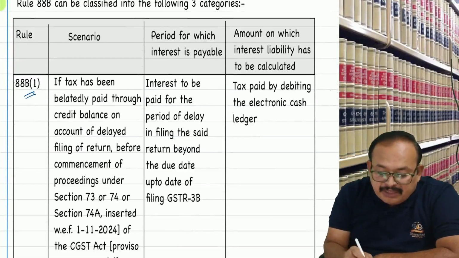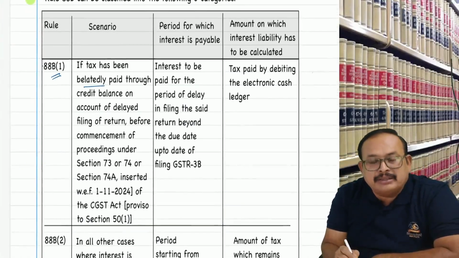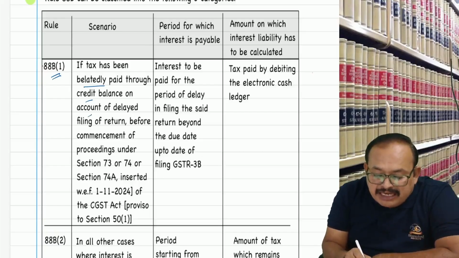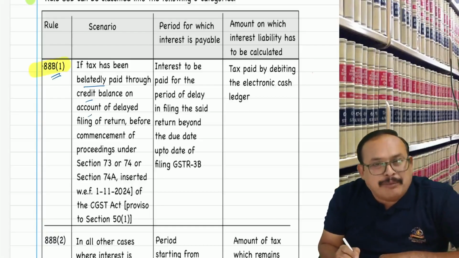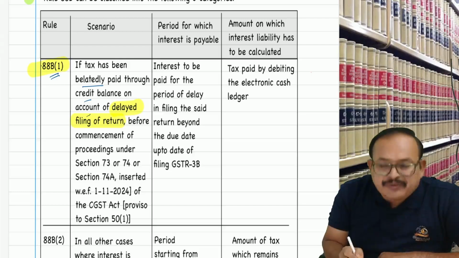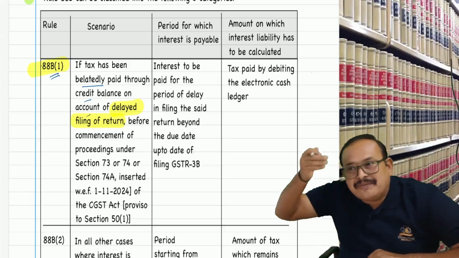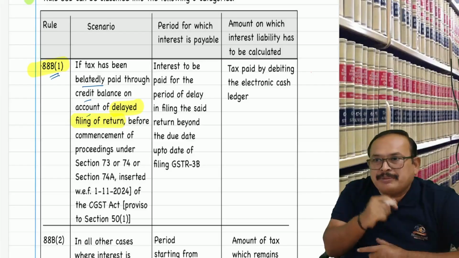If tax has been belatedly paid through credit balance on account of delayed filing of return, Rule 88B(1) applies when there is a delayed filing of return, thereby delayed payment of GST, and payment of tax through the electronic cash ledger or credit ledger is permissible.